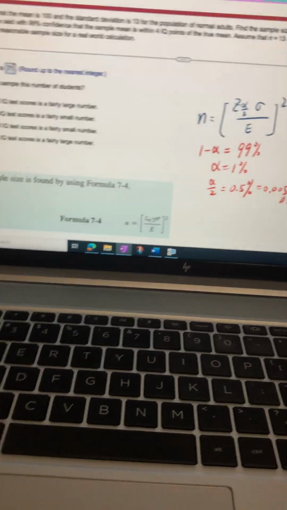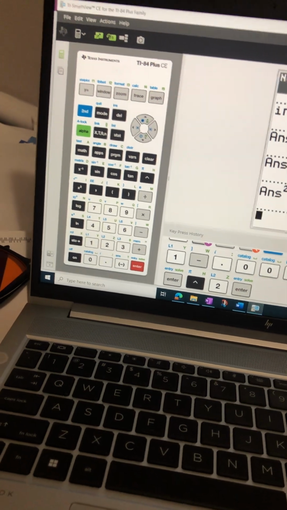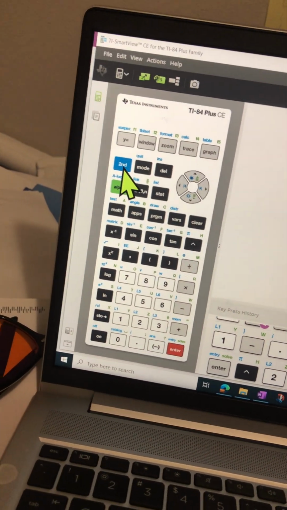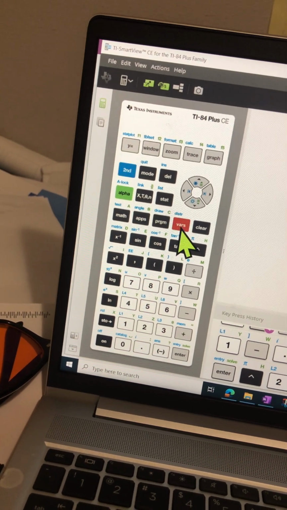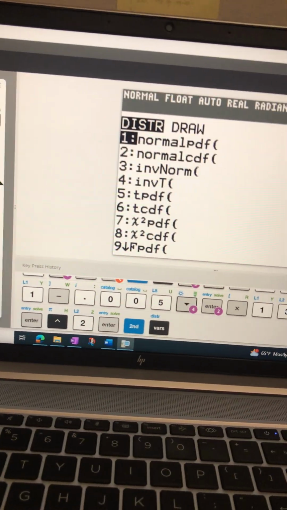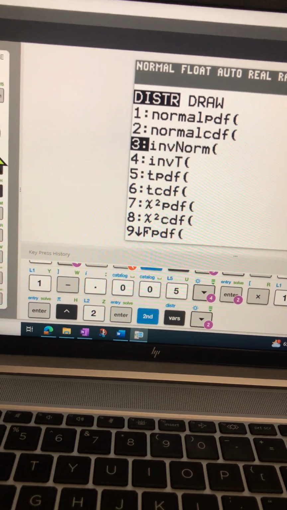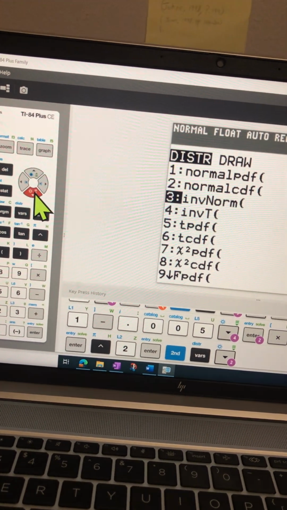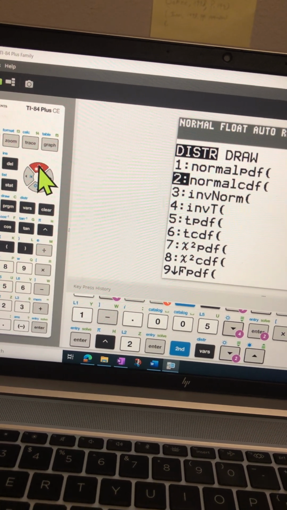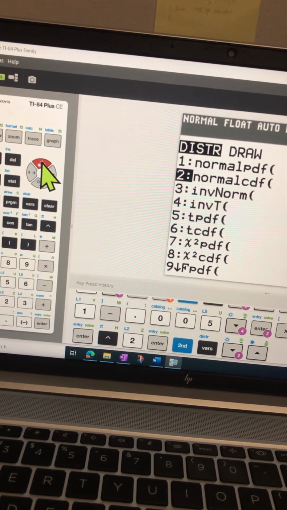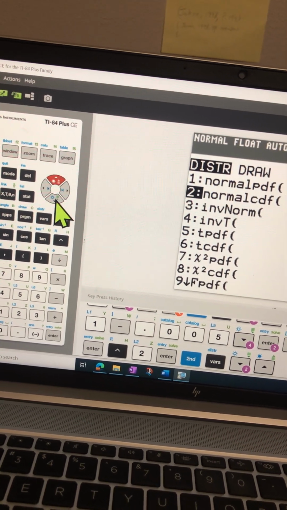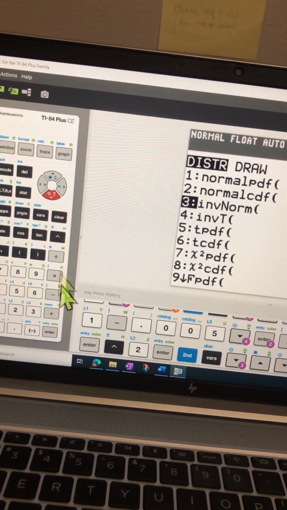And now we are going to use the calculator. Go to second vars, and then go down to find inverse normal. Inverse normal is to find the z-score or x-score. The one on the top is also commonly used, the function to find the probability for a normal distribution. In this case, we are using number 3, confirm that.